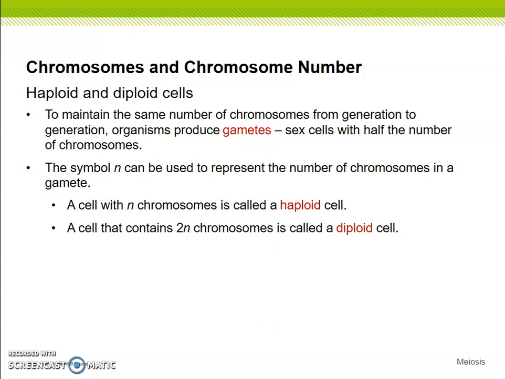Now, if they contributed their full amount of DNA, the amount of DNA in each nucleus would double each generation. So if we started out with 23 in generation 1, we would end up with 46. In generation 2, we would end up with 96.